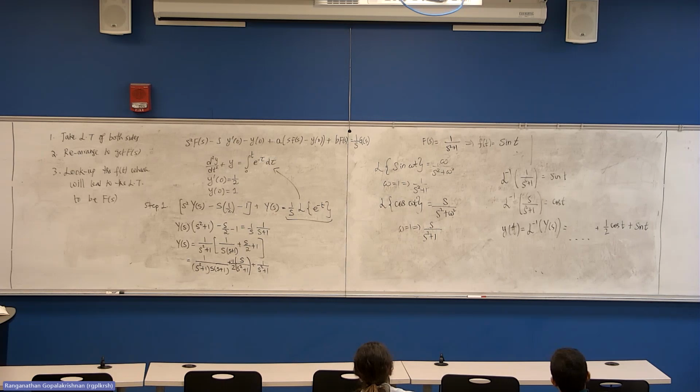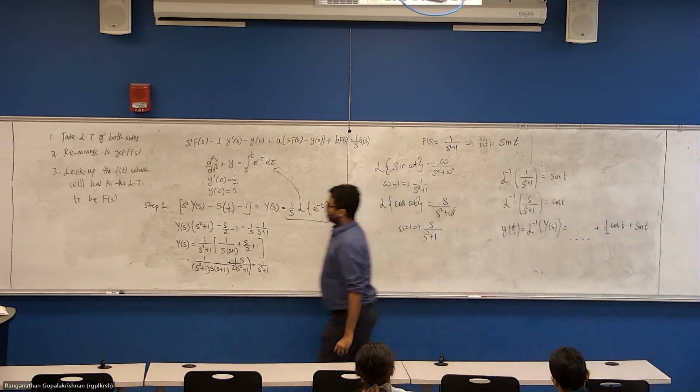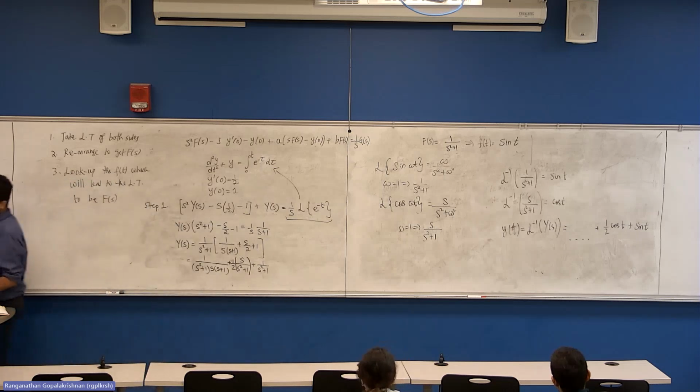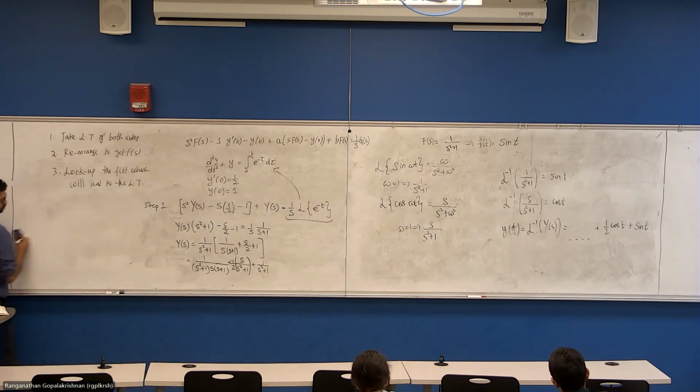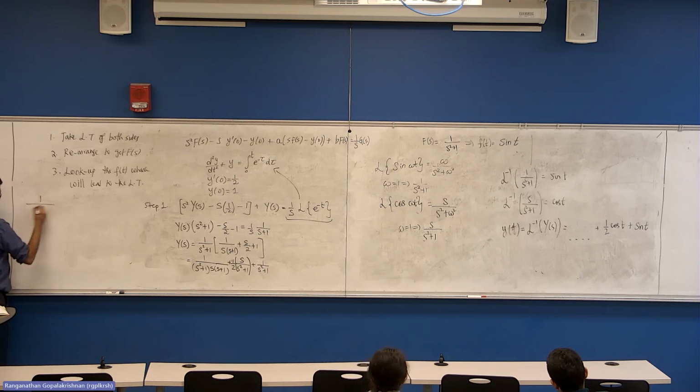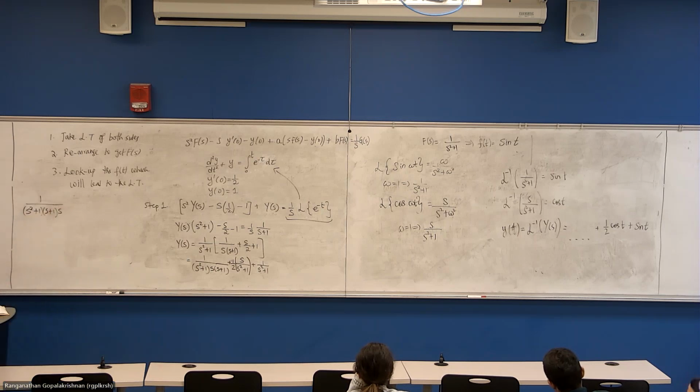Do you have a question? The first term is the really difficult one. We have to write 1 over s squared plus 1 times s plus 1 times s.